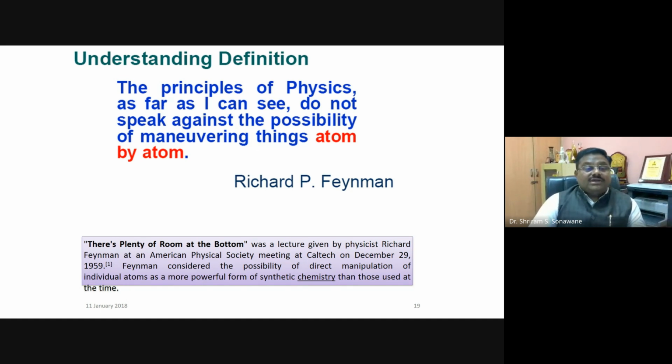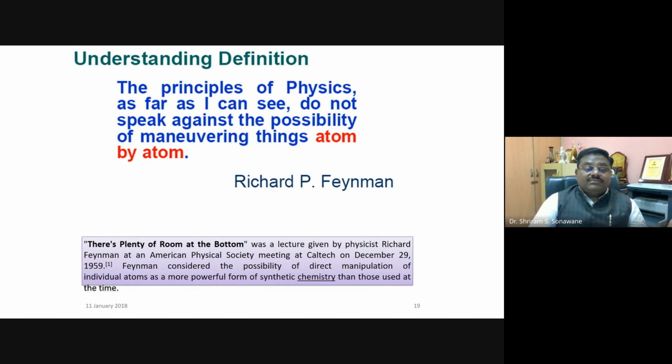And what was he talking about? He was talking about nanotechnology. He was talking about the atoms and molecules present in that particular hall. The number of atoms and molecules in that room, he referred to as one room, and that is why he said there is plenty of room at the bottom.